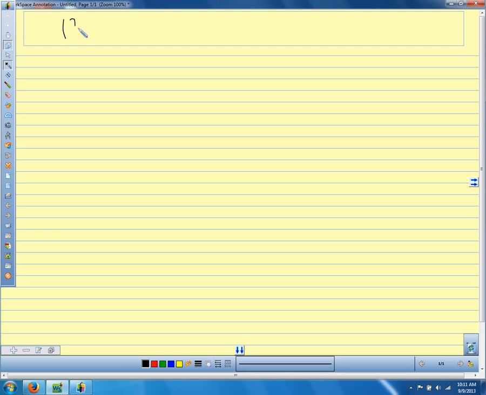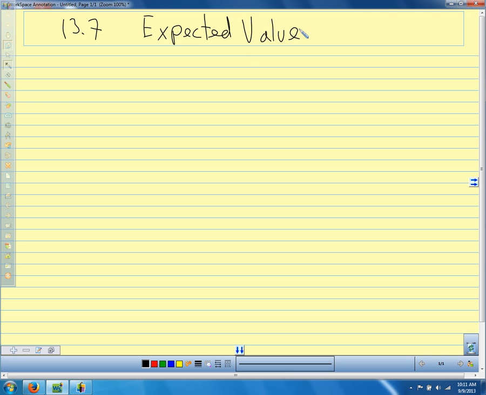So we're in section 13.7. Expected value is using probability to decide what should happen in the long run.